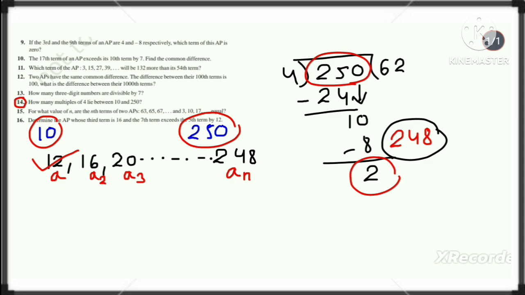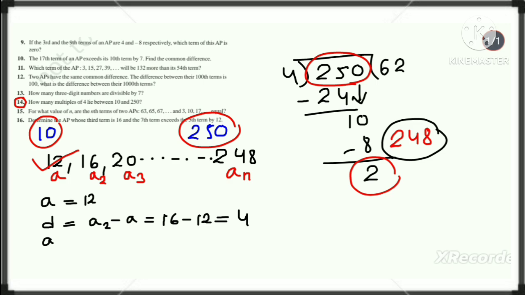A, that is the first term, is 12. D, or common difference, will be A2 minus A. A2 equals 16 minus A equals 12, and after subtracting we obtain the common difference, that is 4.